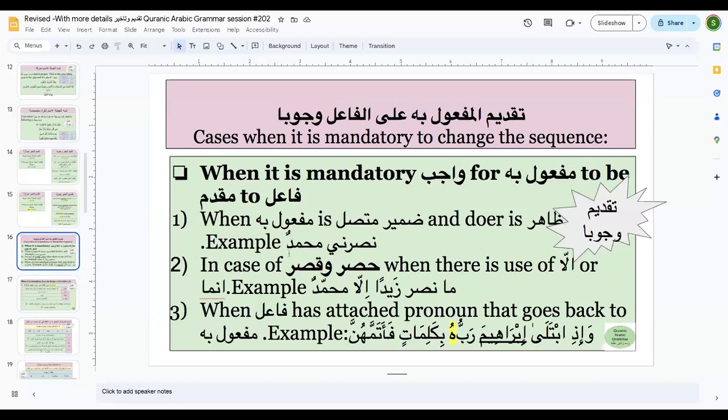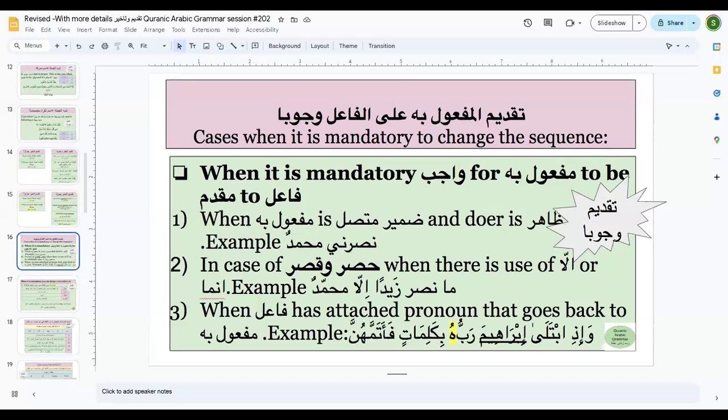If your fail is ism zahir, is your fail ism zahir? How do you know it is ism zahir? What is the opposite of zahir? If the fail is ism zahir, what is the opposite? Okay, mustatir.